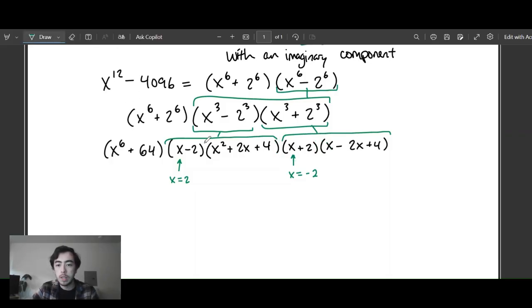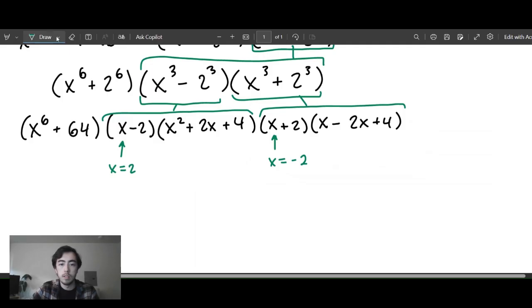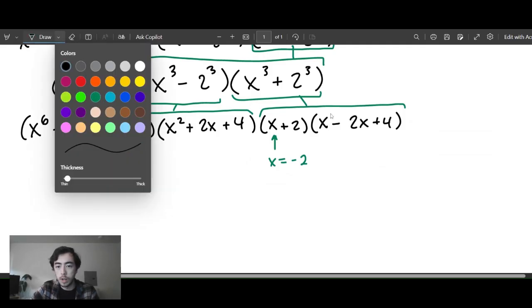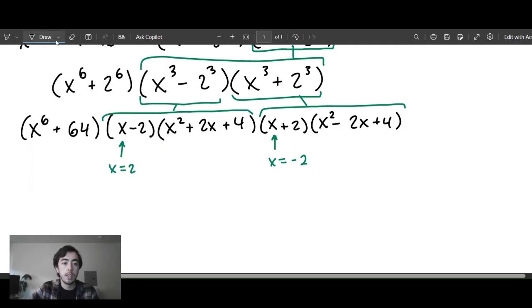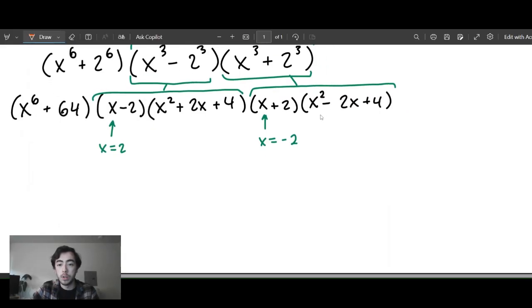I can zoom in on these trinomials. There's supposed to be a square right here. These ones are quadratic expressions, and I could just do the quadratic formula on both of these. I'm going to get x equals negative b plus or minus the square root of b squared minus 4ac.